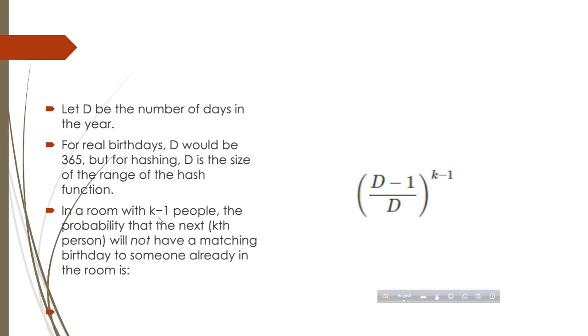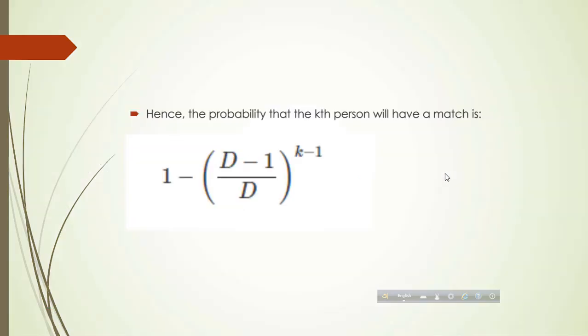In a room with k minus 1 people, the probability that the kth person will not have a matching birthday to someone already in the room is ((d minus 1) over d) to the power k minus 1. Hence, the probability that the kth person will have a match is 1 minus ((d minus 1) over d) to the power k minus 1.